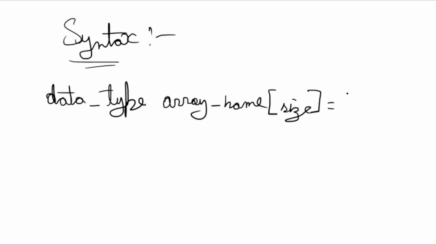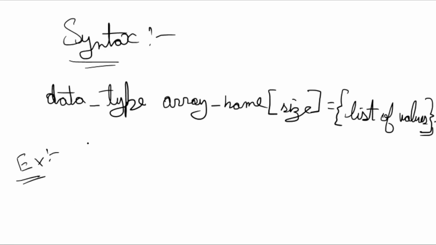And in curly braces you have to provide the list of values, and then a semicolon.